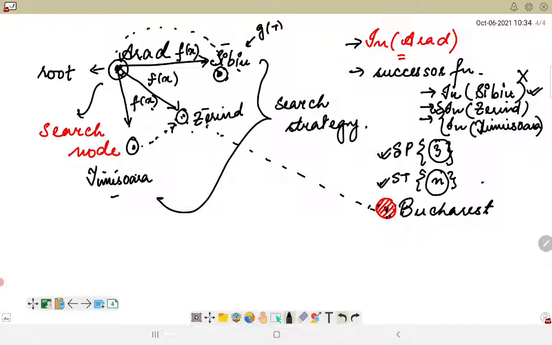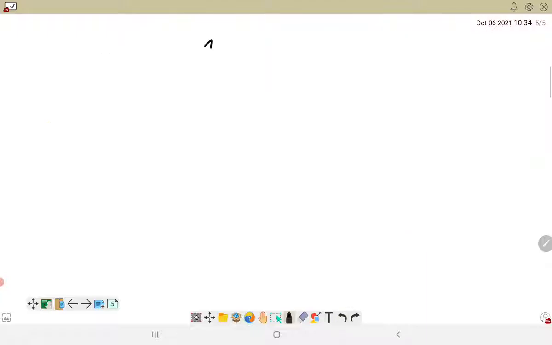Now, talking about nodes. So this is my search node, right? And this is my goal node. In between, I have several nodes, right? So how do we represent these nodes?